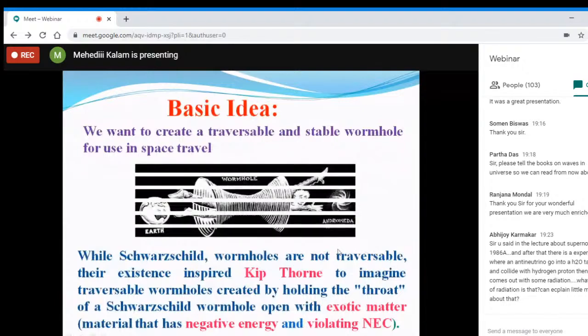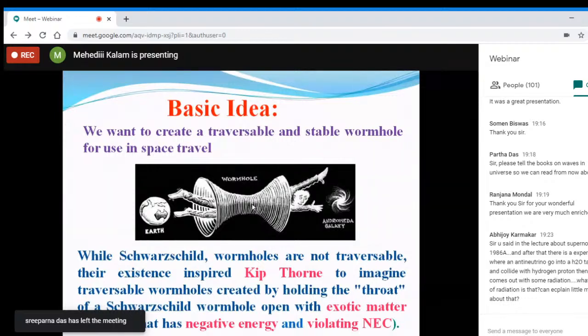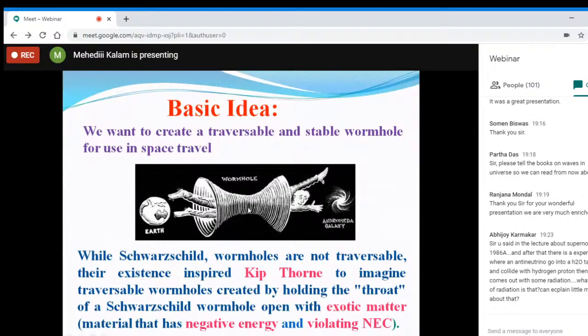But what is our idea? Our idea is to get a traversable wormhole. To get a traversable wormhole, we have to have a stable wormhole. For that, the idea of Kip Thorne, mind that Kip Thorne got the Nobel Prize in 2016 for his discovery with gravitational waves, is that if we place exotic matter at the throat, this exotic matter has a peculiar property.